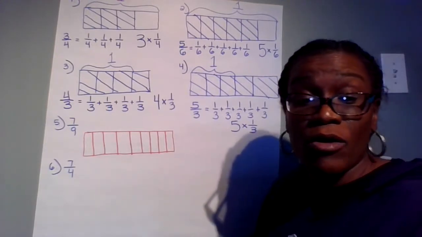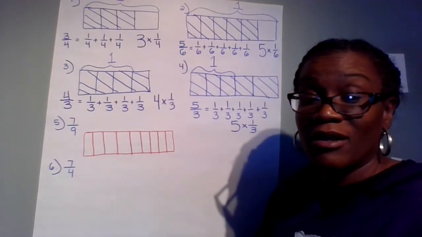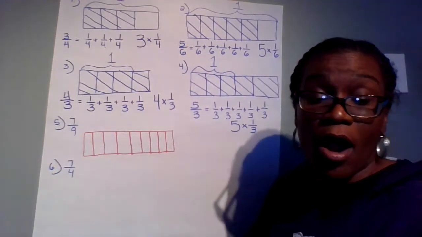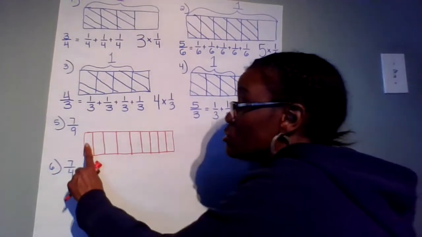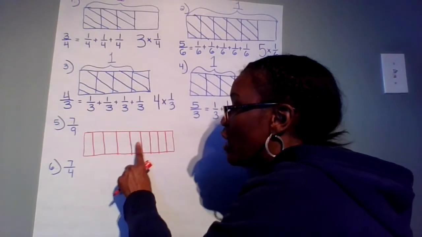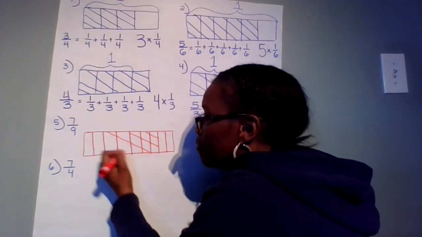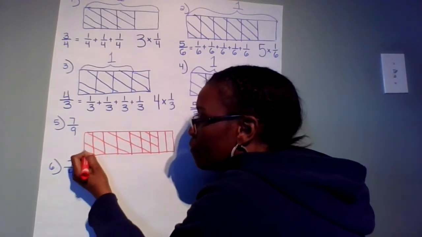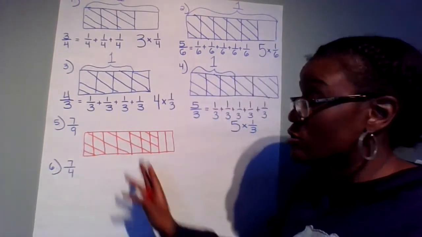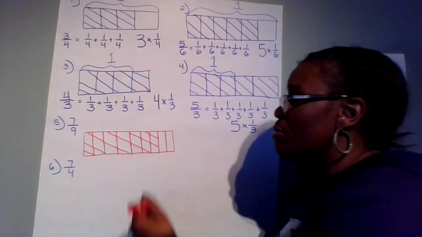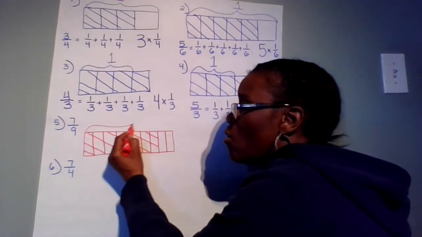And how many are going to be shaded in? That's right, 7. Our numerator tells us that. So 1, 2, 3, 4, 5, 6, 7. And let's shade in our 7 parts. So now we have 7/9. But again, what was our whole?